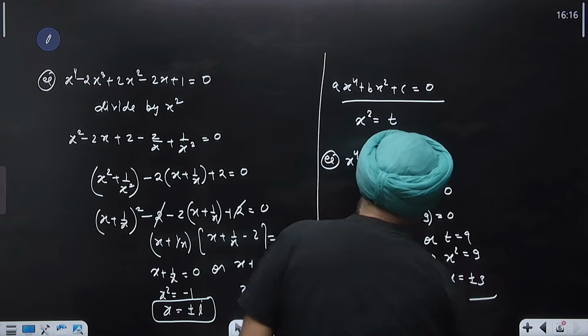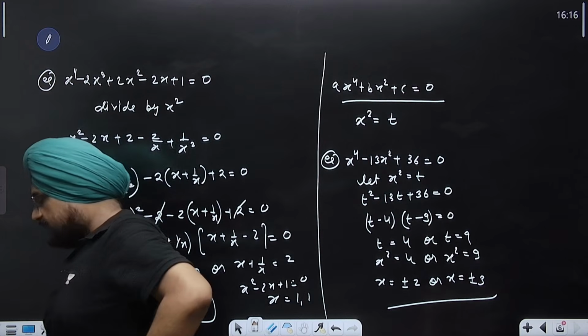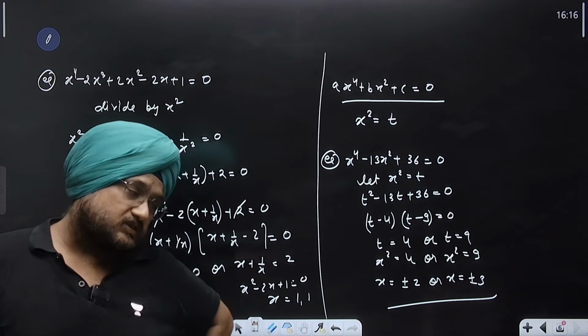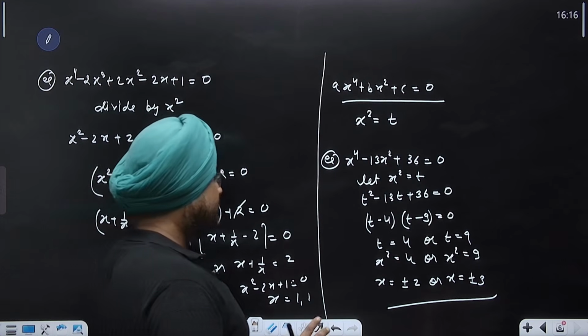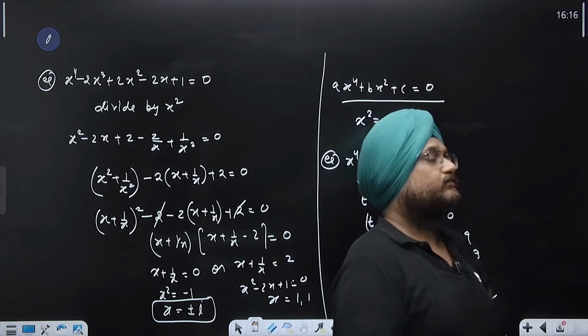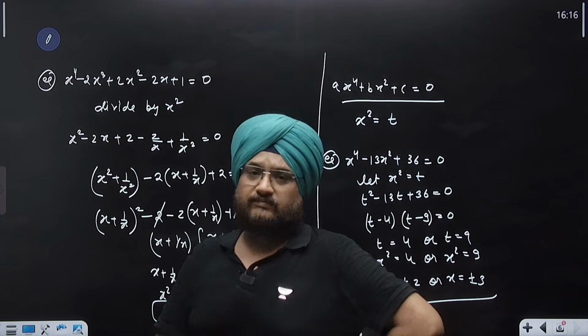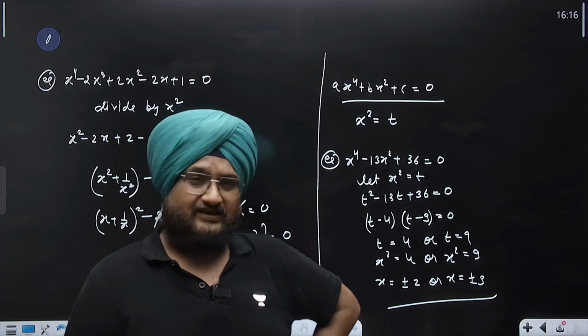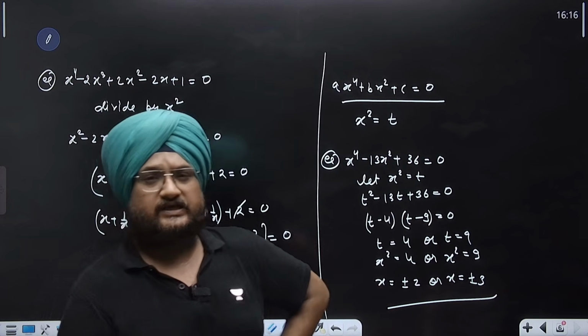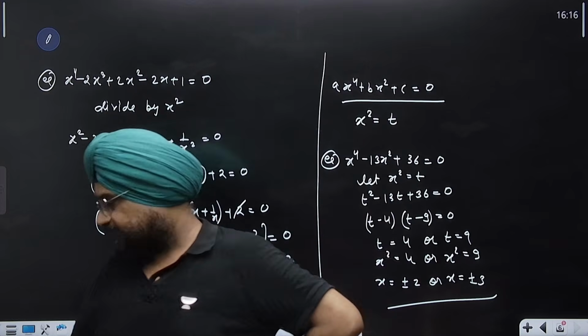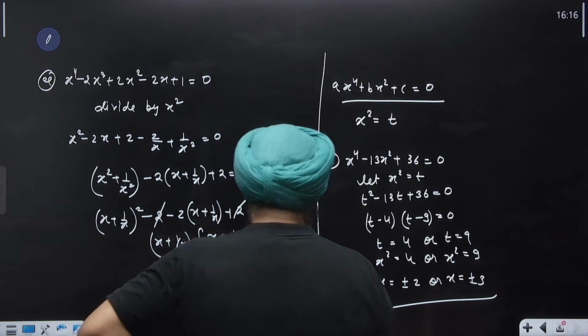So in this case there are all four real roots. So these were different types of biquadratic equation which can be converted into quadratic by substituting various terms in x as t.